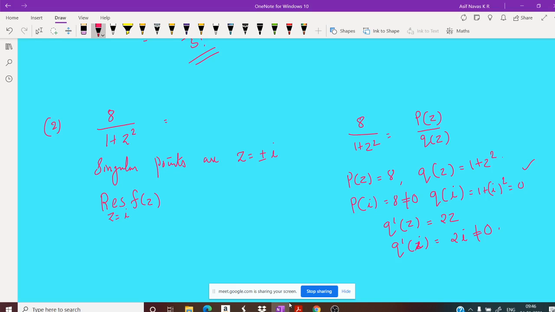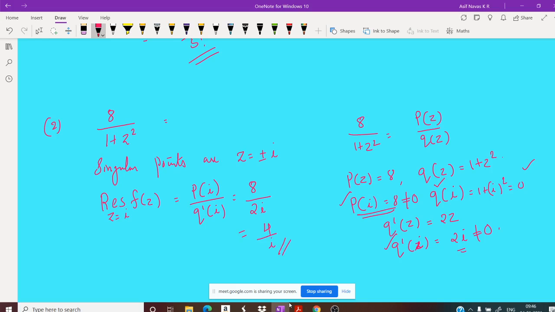So our condition is satisfied: z naught is i here, P of i not equal to 0, Q of i is equal to 0, Q dash of i not equal to 0. Therefore the residue is P of i divided by Q dash of i. P of i is 8, divided by Q dash of i, 2i. So this is 4 by i.